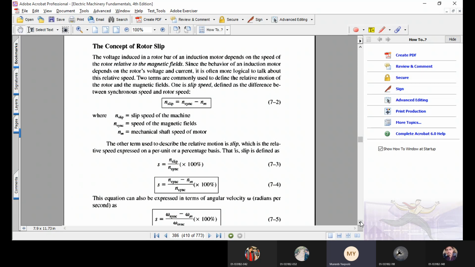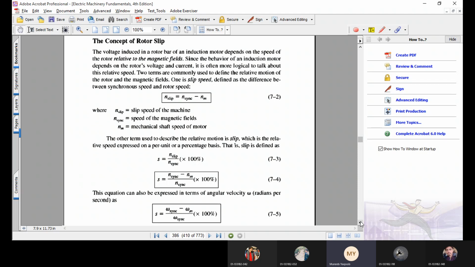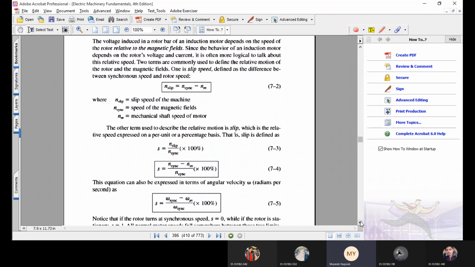And experienced engineers can even discuss the performance and the efficiency of induction motors on the basis of the slip they are running at during their operation. So in my opinion, slip is more popular among the industry engineers as compared to the slip speed.